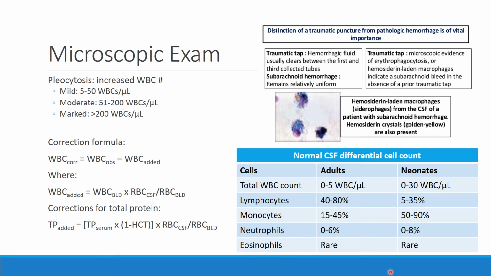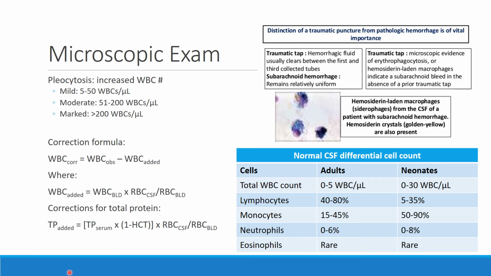When we see increases in the total white cell count, we need to look at the differential and see if it is an increased total count but still normal ratios, or increased and abnormal ratios. Those are the kind of things you're going to have to examine.